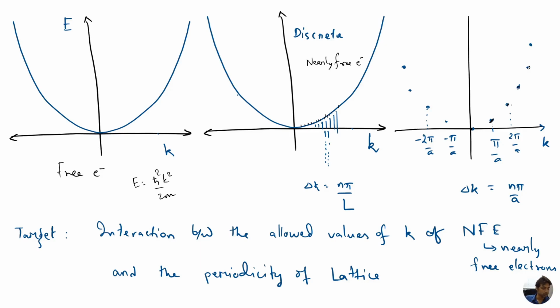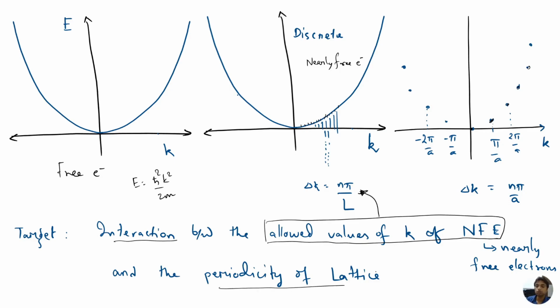So what is our target? Why are we doing all this? Our target is to understand how the allowed values of k of nearly free electrons interact with the lattice. If a is the lattice constant, 2 pi by a is the reciprocal space of that corresponding 1D lattice.